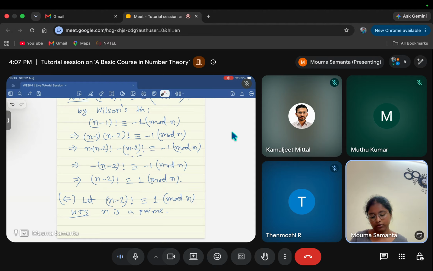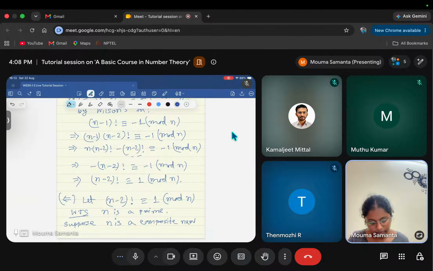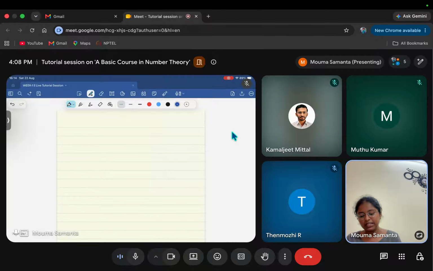This is much easier than finding all the divisors of n. So suppose n is a composite number, so n equals a times b for some a, b belonging to 1 up to n.